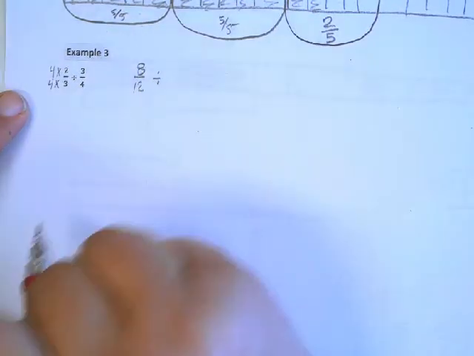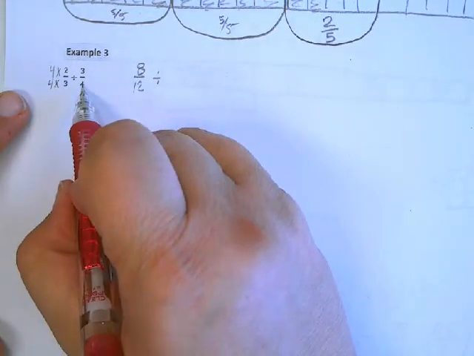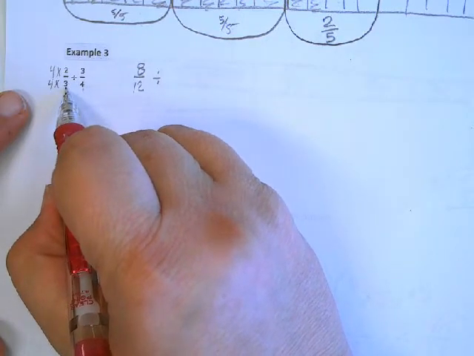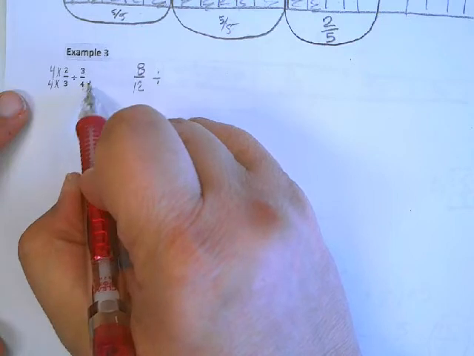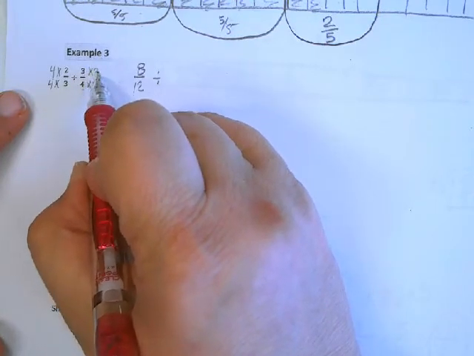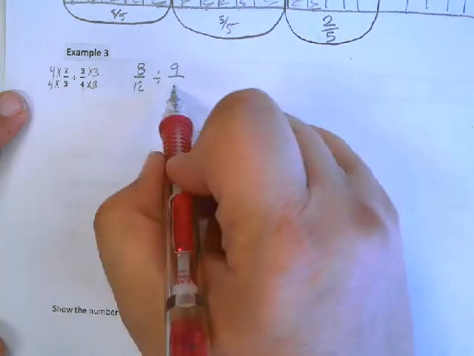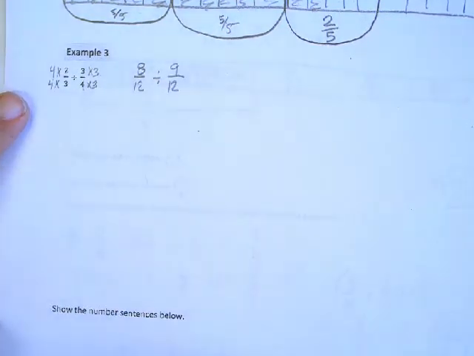Put in my division symbol. And my next one, I'm going to multiply both parts by my opposite denominator, which is times 3. So 3 times 3 is 9, and 4 times 3 is 12. So now I have 8/12 divided by 9/12.